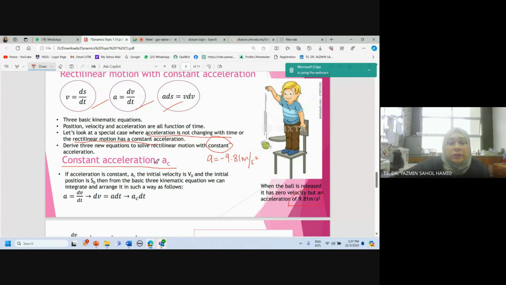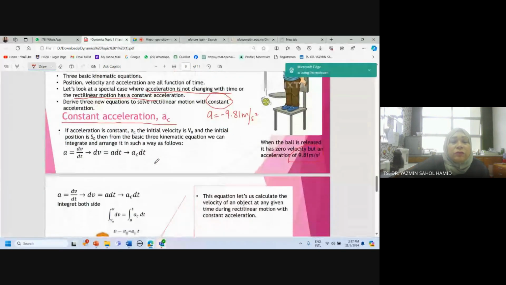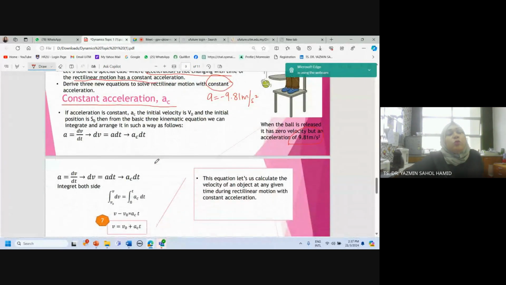Now have a look at the first formula, a equals dv over dt. What we do is bring dv from the right to the left, and bring dt up beside the acceleration. Then you integrate on the left side and on the right side.